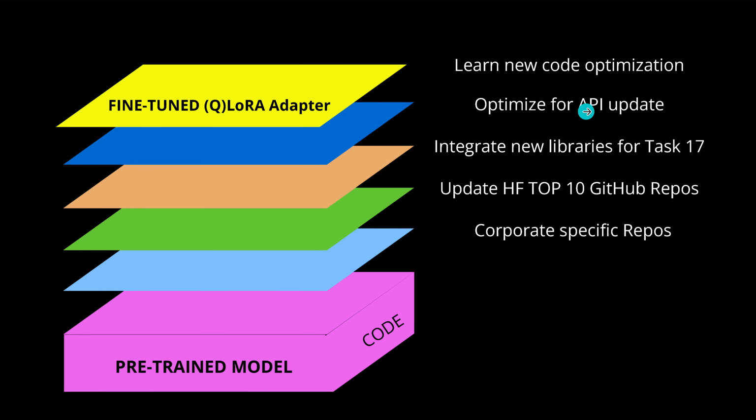If you want to optimize for a new update from an API, or you want to learn new code optimization techniques that somebody in your corporation found, make it available on your corporate LLM for everybody by simply fine-tuning not the complete system, but only a LoRA adapter.